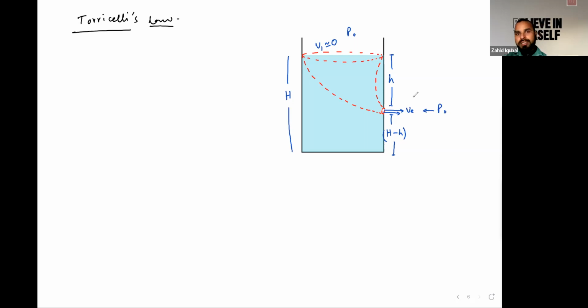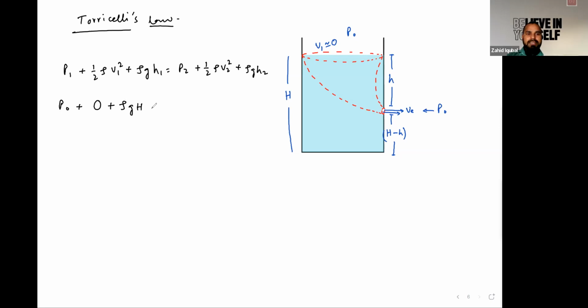So if you apply Bernoulli's principle in this part, according to Bernoulli's principle, P1 plus half rho V1 square plus rho g h1 equals P2 plus half rho V2 square plus rho g h2. P1 is P naught. This is 0. Rho g H. This is P naught.